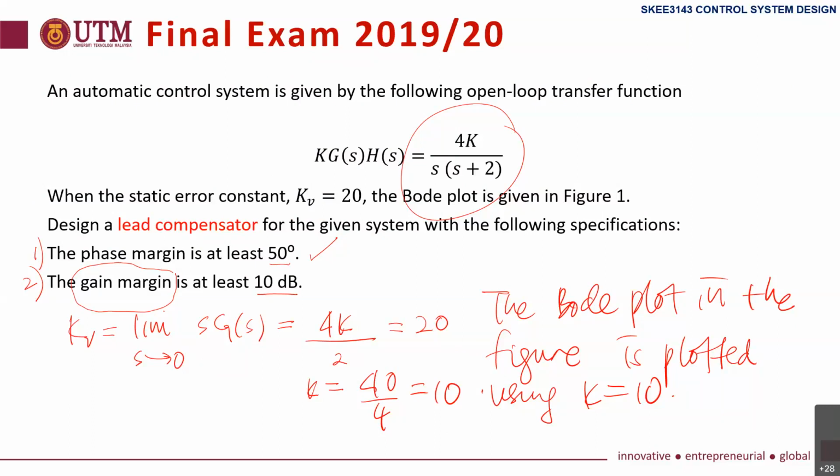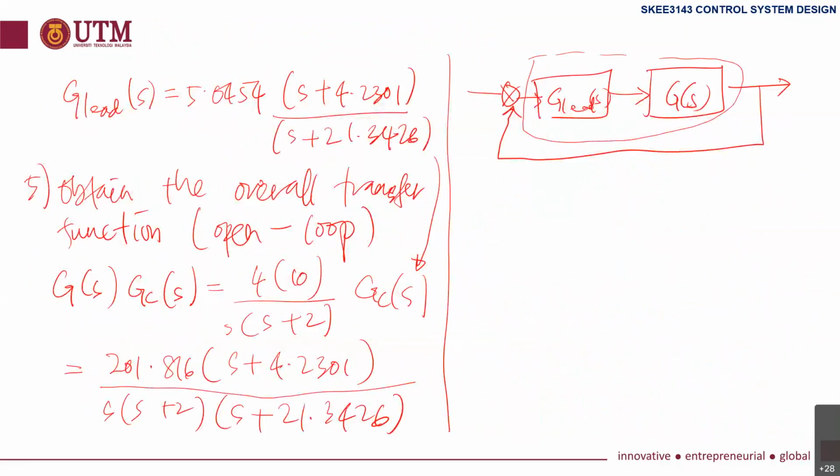But in the exam, we do not have MATLAB, so what we can do is only sketch. We have to sketch the compensated system. We have the original system, and then we sketch the lead compensator, then we can add.